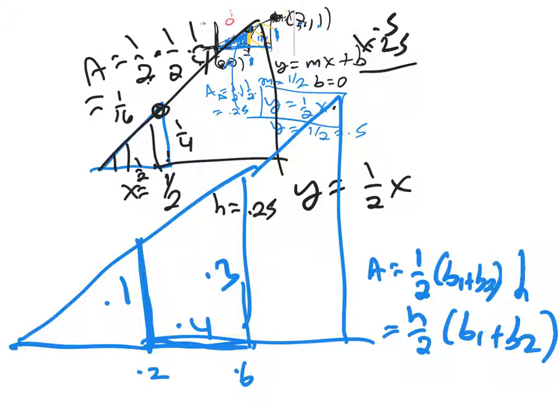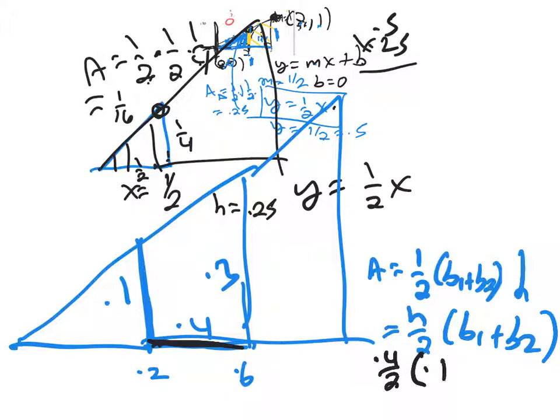So what's the height of this trapezoid? Trick question. 0.4. That's the height. 0.4 over 2, parenthesis. What's base 1? I thought it was base 3 or 0.3. Does it matter?